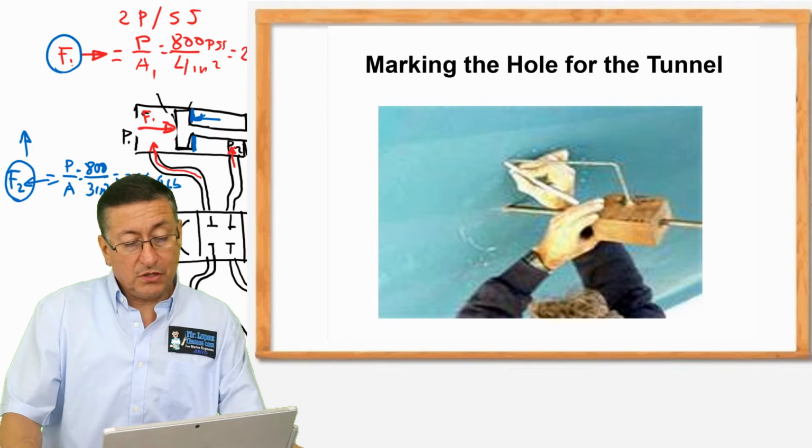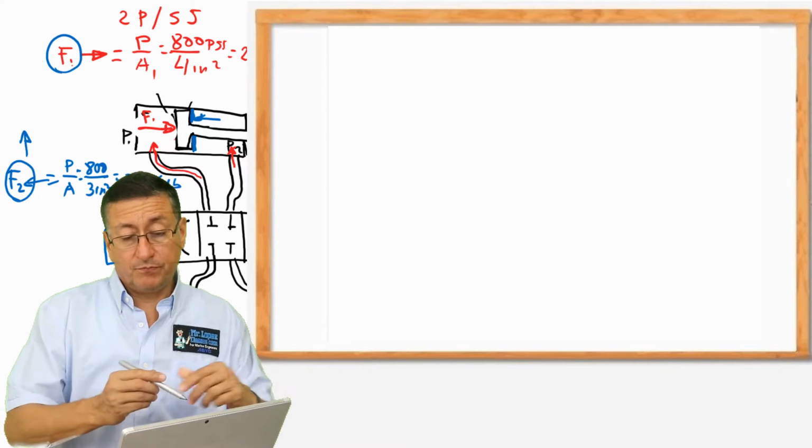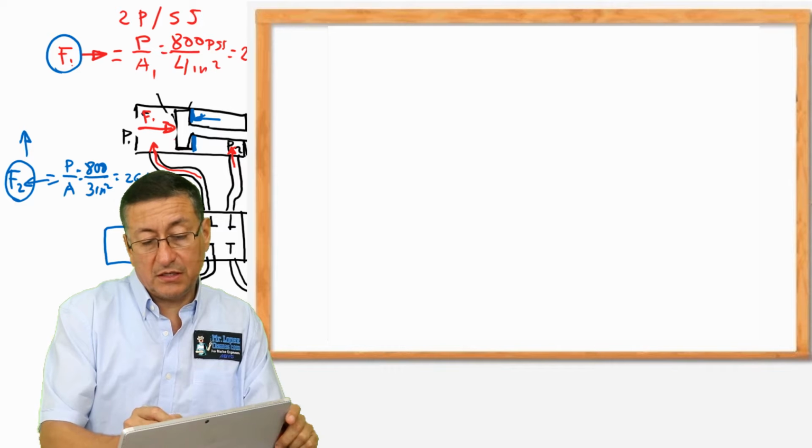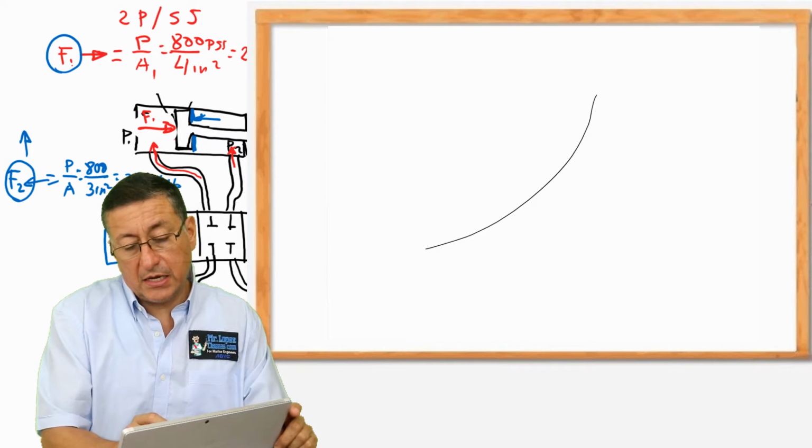This is a special tool. If you can fabricate that tool, it's very simple. If you have the hull, this is the hull of the boat, and it's basically a piece of wood.